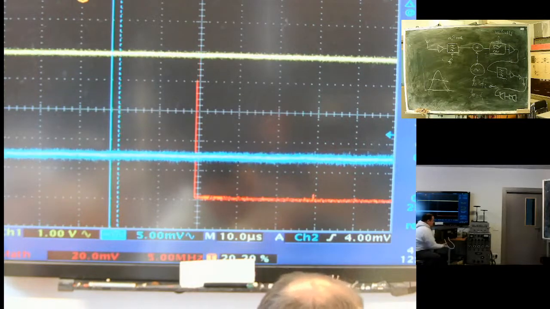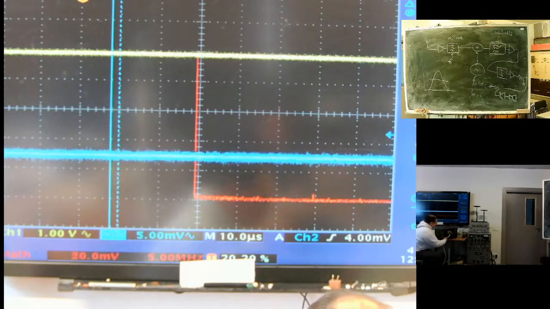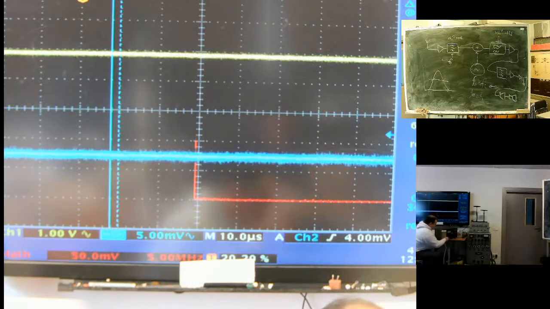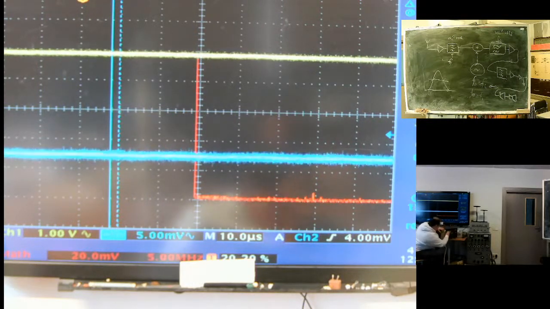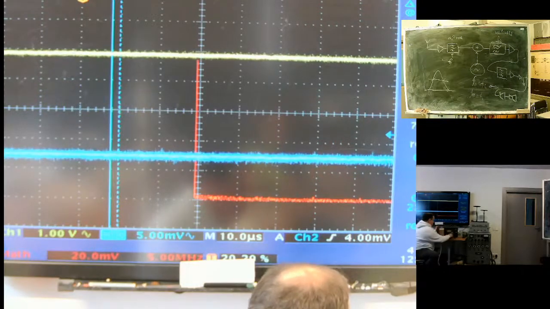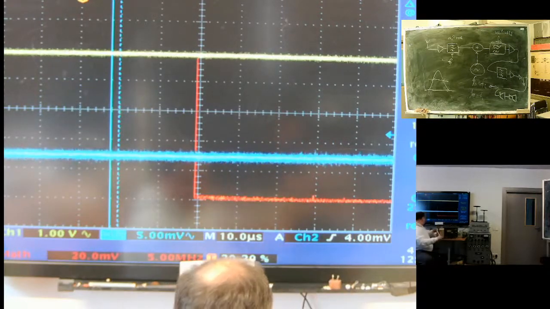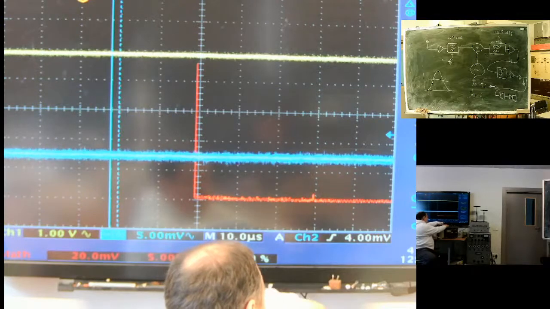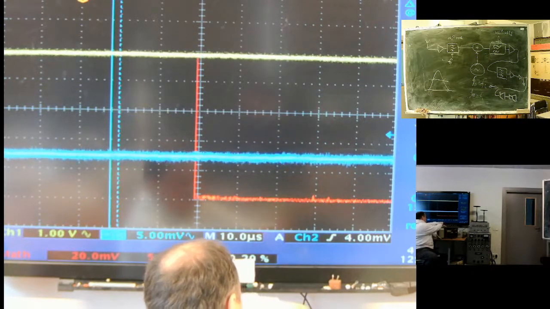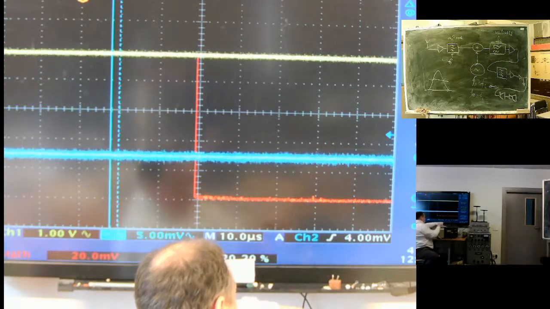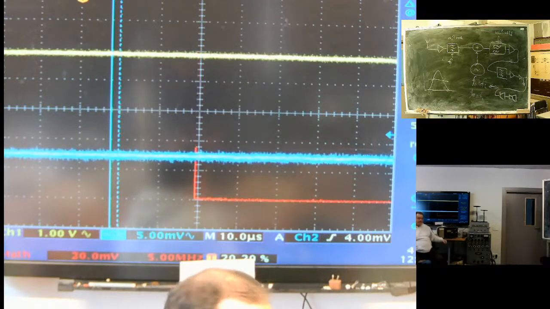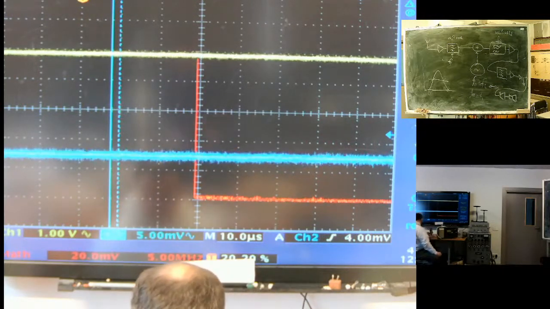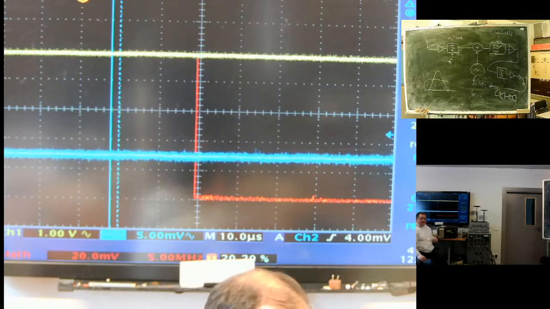Next time I'll get an FM signal. It's much more complex. A rare day when I get single sideband without problems.